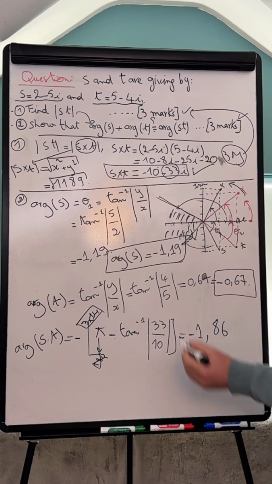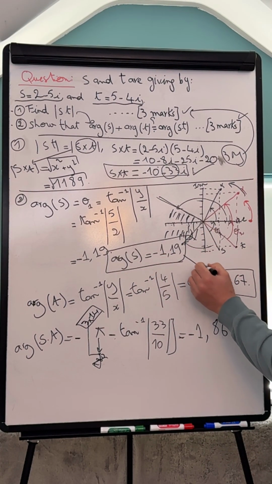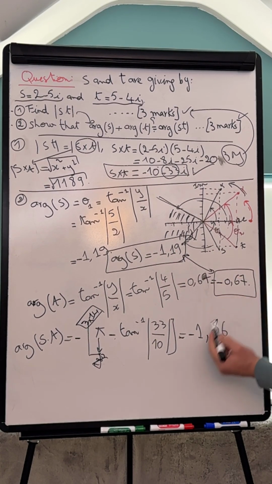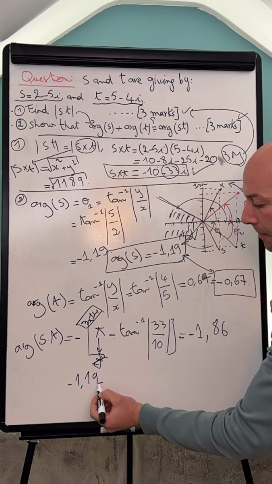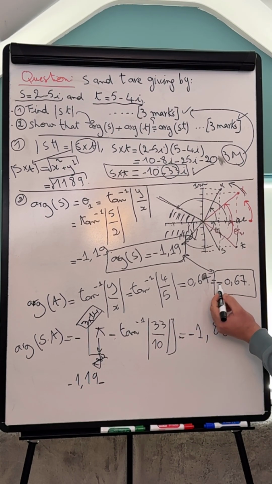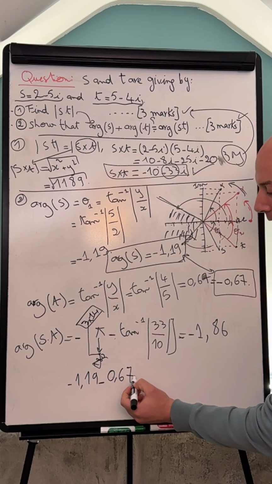And then what we have to do, just get your calculator again, add this number to this number, which is minus 1.19, plus minus this way here, minus 1.19, minus, which is plus, minus because this is negative as well, 0.67.